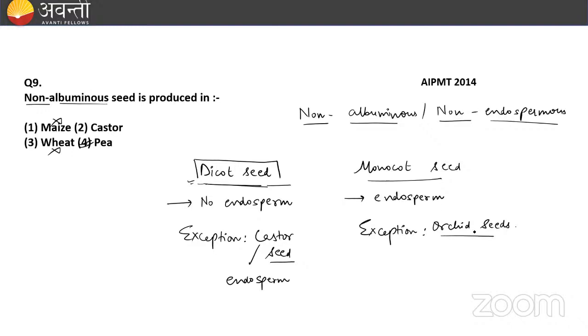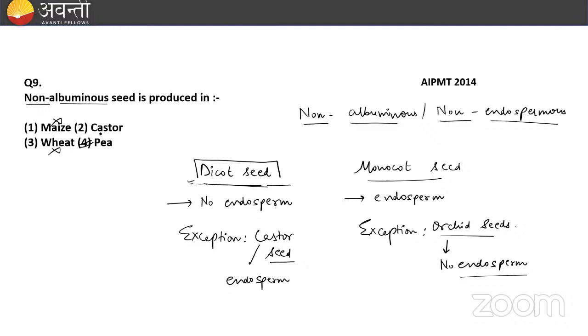Orchids, though they are monocots, show no endosperm. So these are the two exceptions. Please remember the exceptions and the examples given in NCERT, they are very, very important from the NEET view.